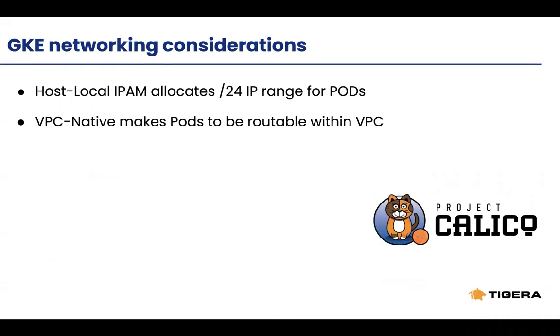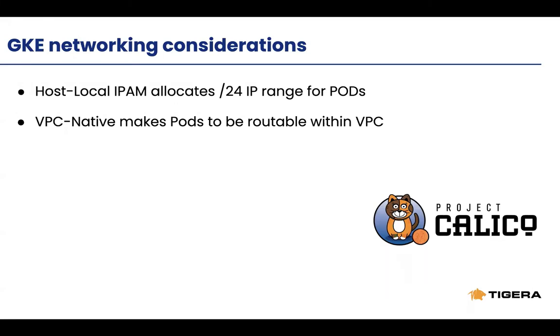So a few considerations when you're using GKE specifically. Be aware that host-local IPAM allocates only a /24 per node. So each of your nodes gets a /24, and from that range, the IPs are drawn for your pods.